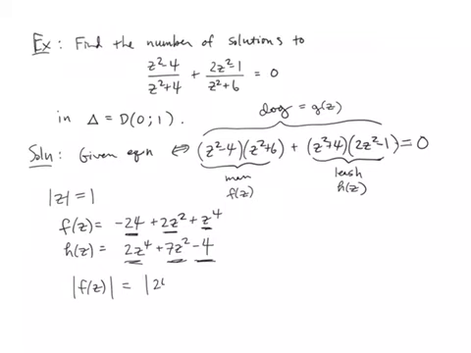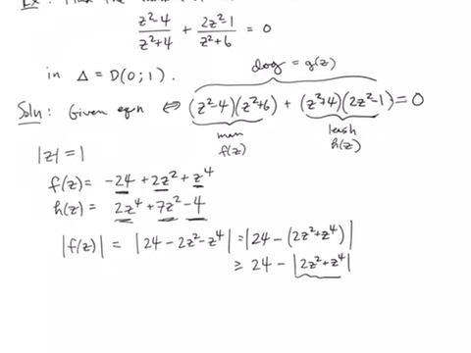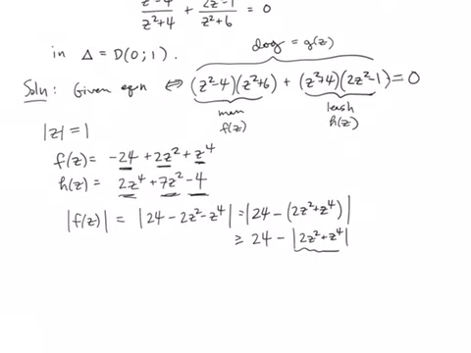So this is the norm of 24 minus 2z squared minus z to the fourth, which is 24 minus 2z squared plus z to the fourth, and this is bigger than or equal to, by the reverse triangle inequality, 24 minus the norm of 2z squared plus z to the fourth, right? Because we know that norm can't be bigger than 3 by the triangle inequality.